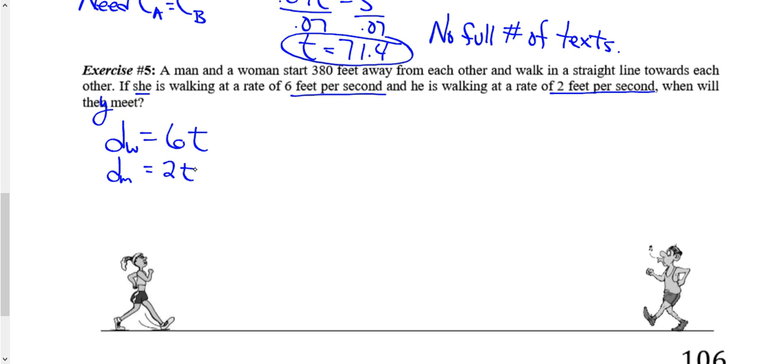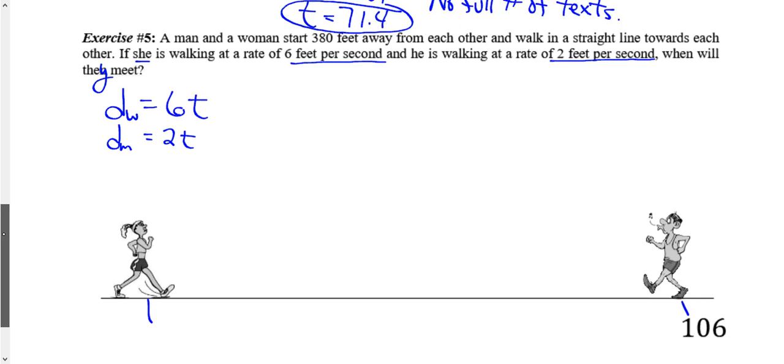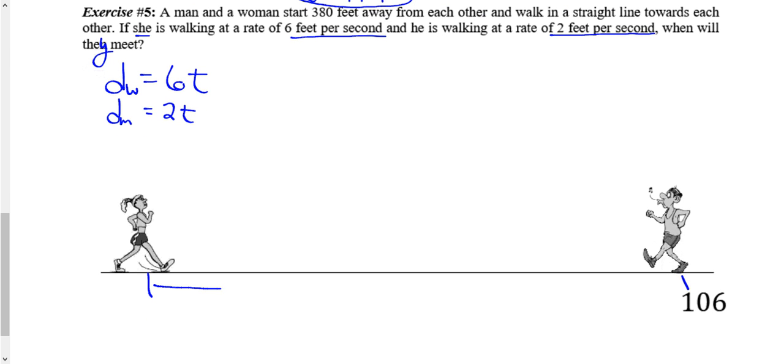Okay. So we have an equation for both their distances, right? So they're each traveling some portion of how long? How far apart are they? 380 feet.